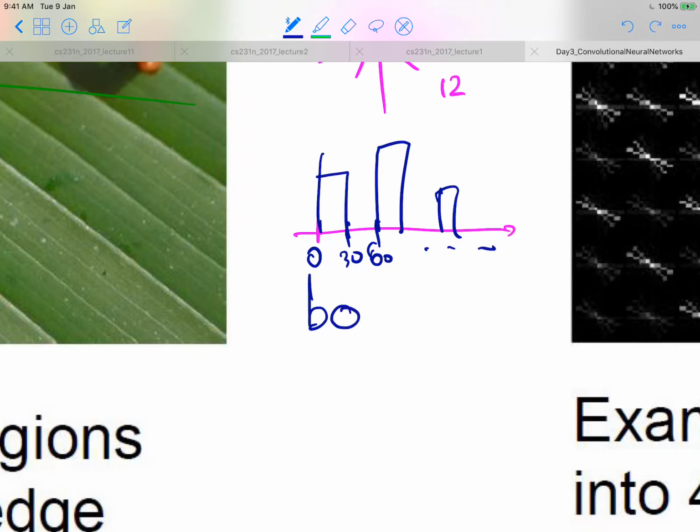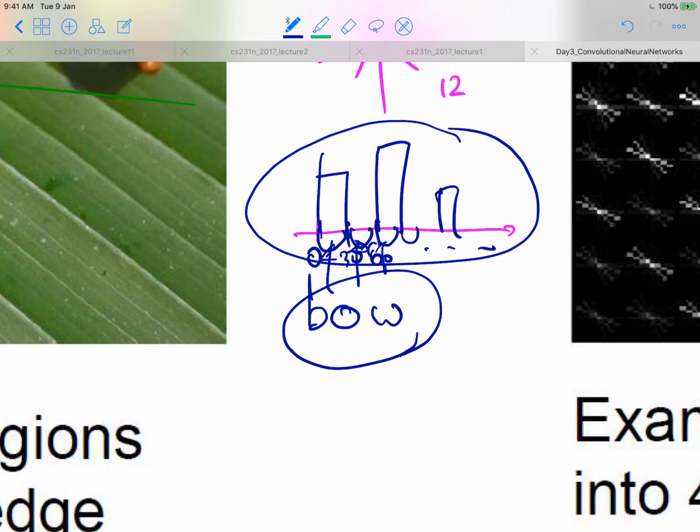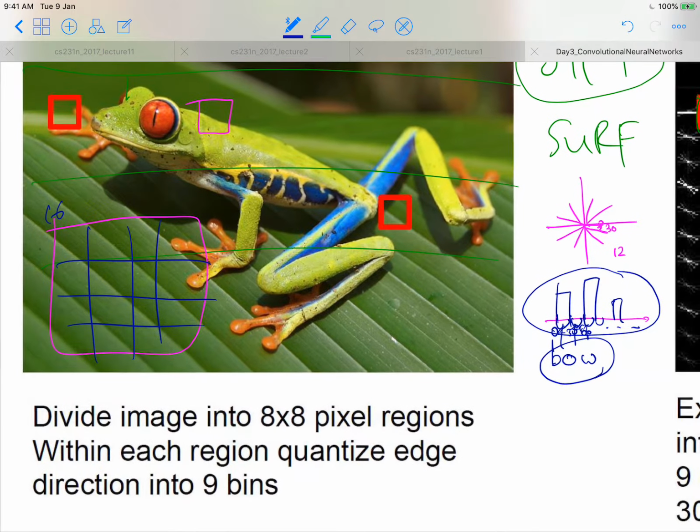So do you guys know the bag of words? Bag of words. So this is exactly the same as bag of words. Each of our bins is our bag, and each bin corresponds to a unique word in our vocabulary. If we imagine a bag of words vector representation, we can just utilize this multidimensional histogram representation as the image feature that describes this image.